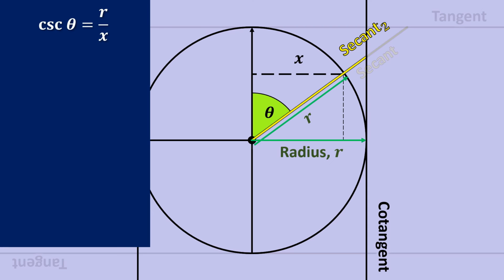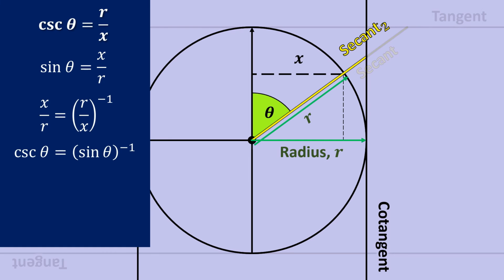While the cosecant is r over x, the sine of the same angle is the other way around. We already know that x over r is the reciprocal of r over x. So the cosecant of an angle is equal to the reciprocal of the angle's sine, which is 1 over the sine.